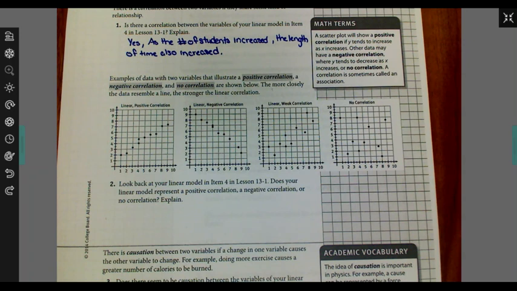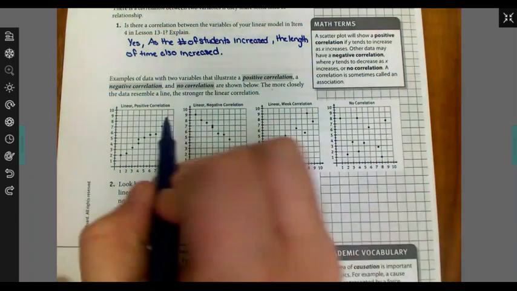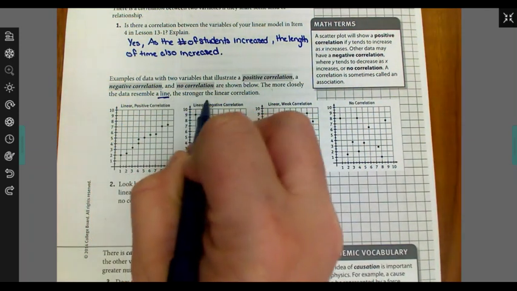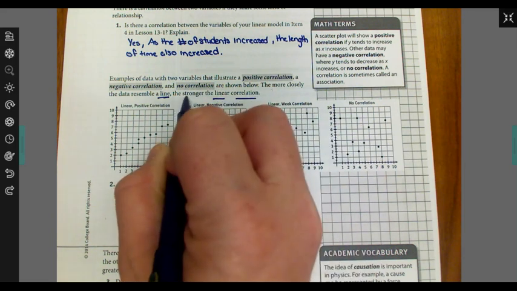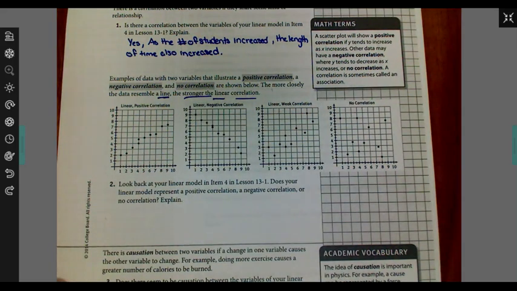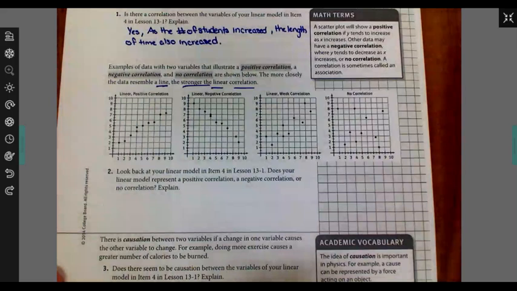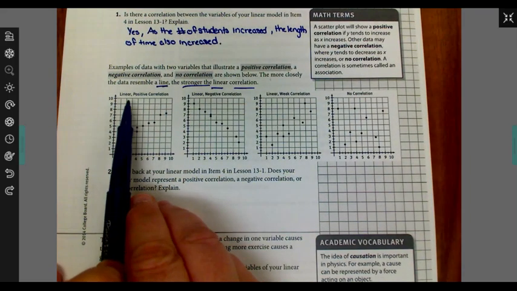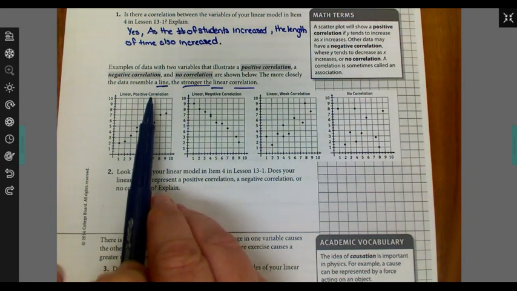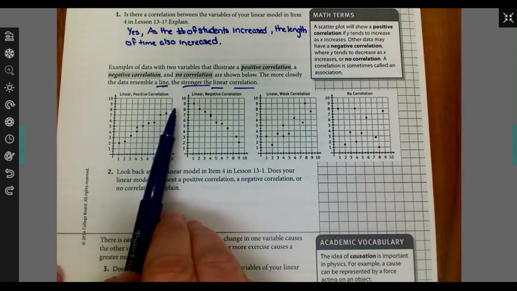Examples of data with two variables that illustrate positive correlation, negative correlation, and no correlation are shown below. The more closely the data resembles a line, the stronger the linear correlation. So it's saying that this one would be a linear positive correlation because it goes upward.